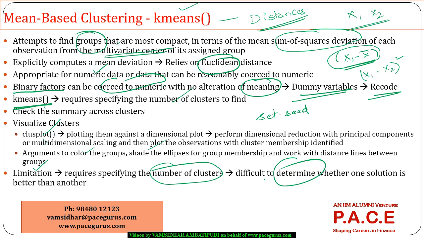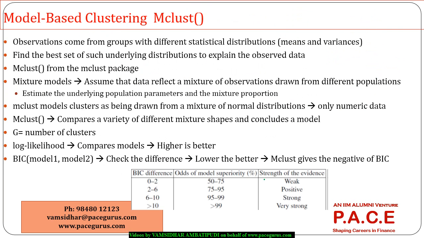So I cannot really say, if I go with a 3 cluster solution versus a 4 cluster or a 5 cluster, which of these solutions is much more appropriate for my kind of data. Now this is where a limitation does come up for us, but obviously we can't go anywhere beyond that, right? So we have to take that as a limitation and we have to move forward.